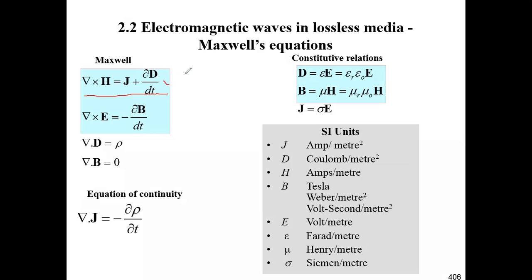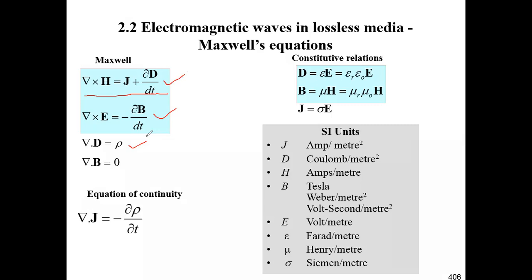From here we get JC plus JD. Then this one: del cross E equals minus del B by del t. Faraday's law, the law of EMI.